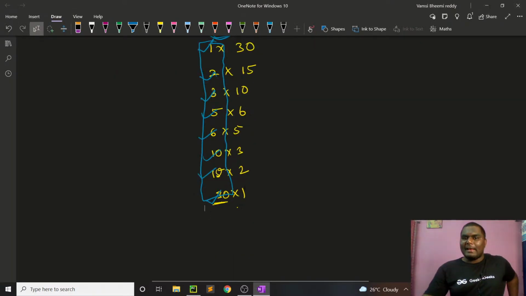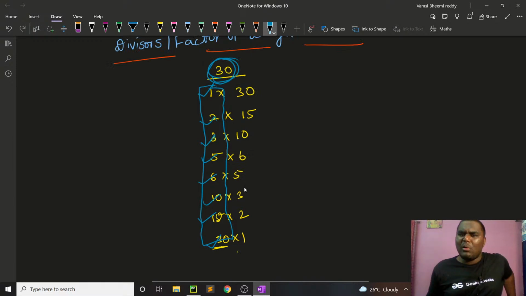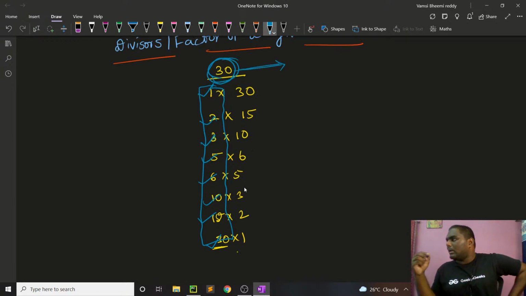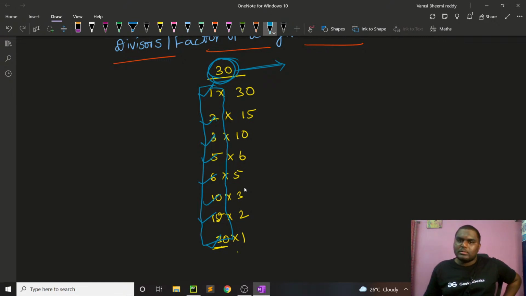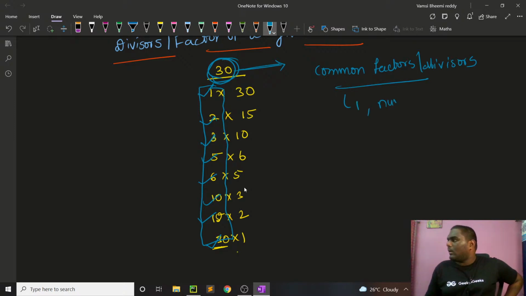For every number, irrespective of the given number, what are the common factors, or divisors, for any number? Can I say it's 1 and the number itself?